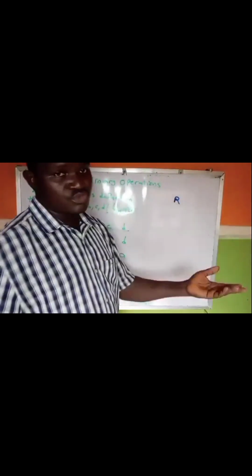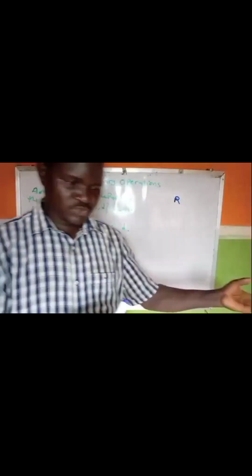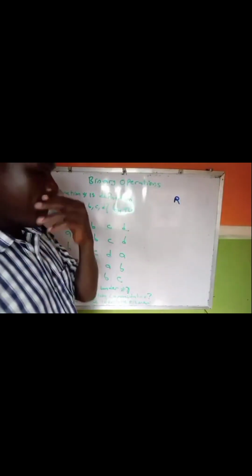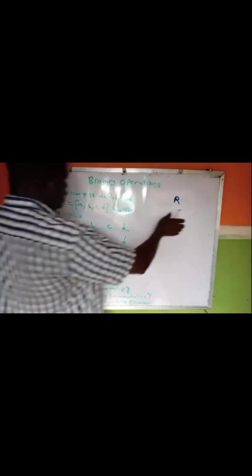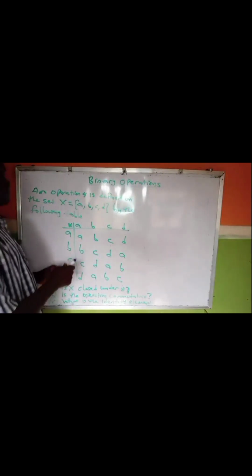So operation has to do with what? Those normal operations of addition, subtraction, multiplication and the like. That is what we mean by binary operation. Then look at something here. An operation is written with this asterisk.